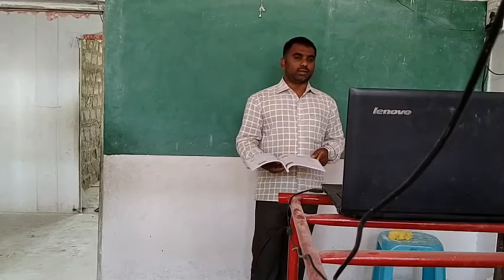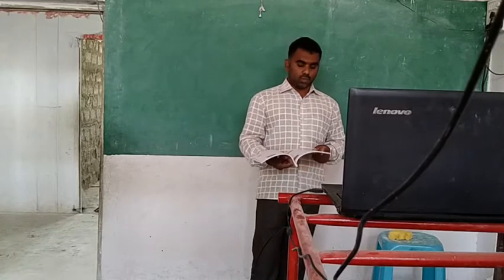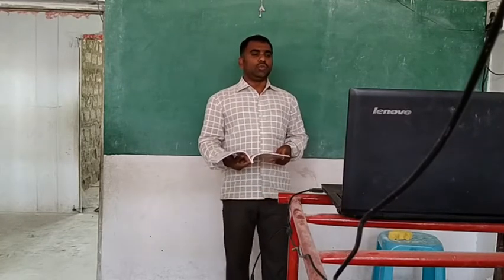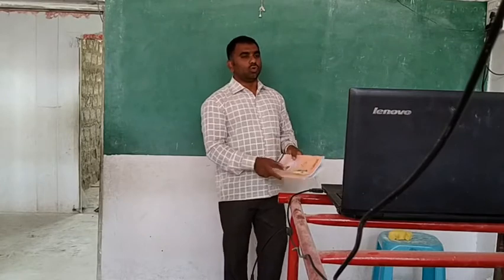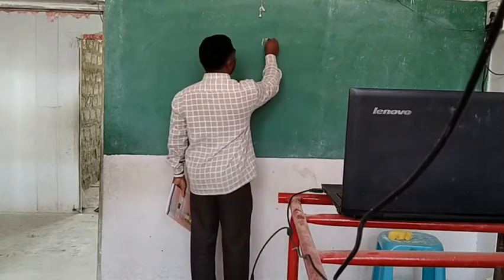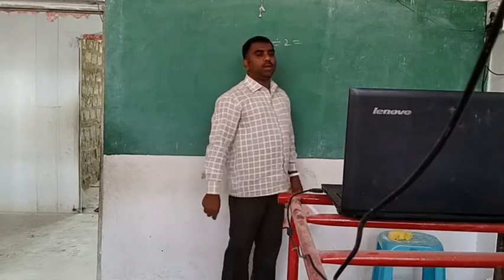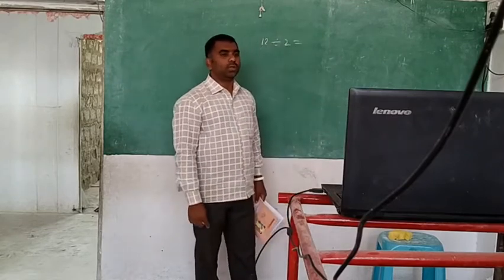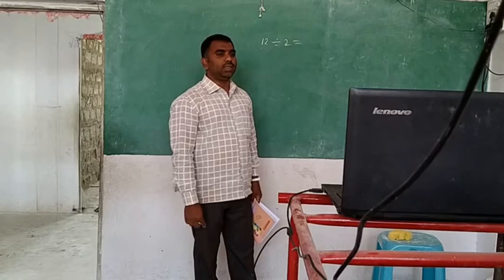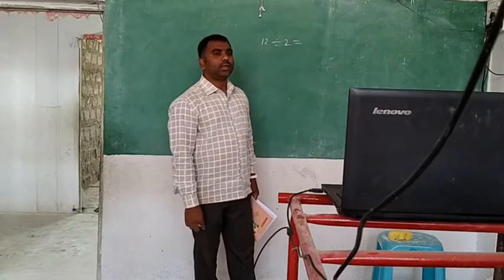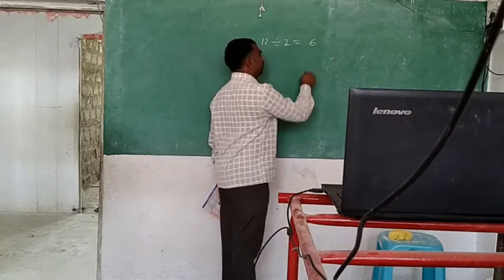12 balls are there. Sharanya, take the textbook and see. If you divide the 12 balls into 2 groups, in each group how many balls will be there? 6. Very good, 6 balls will be there.